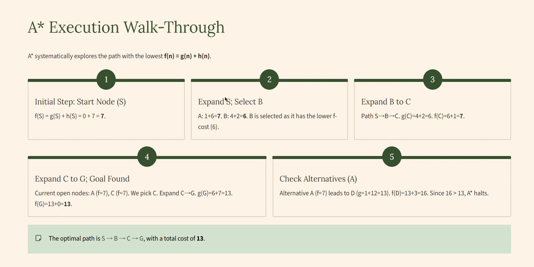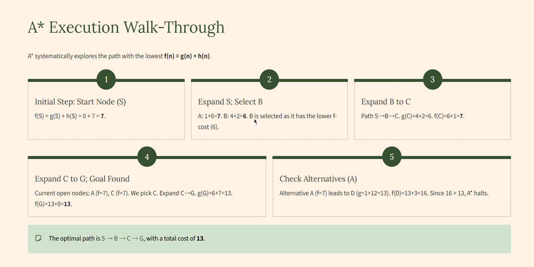We expand to the next nodes, a and b, and calculate the path costs. For a, 1 plus 6 is equal to 7, and for b we calculate g of n and h of n, which is 6. We take the lowest path.